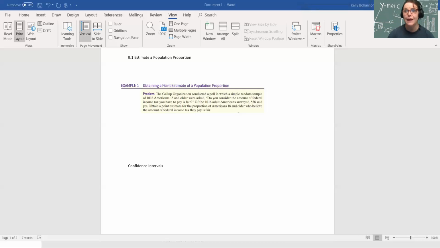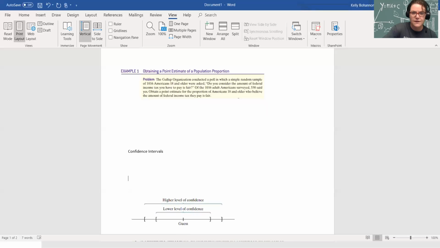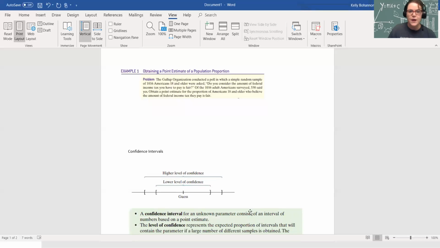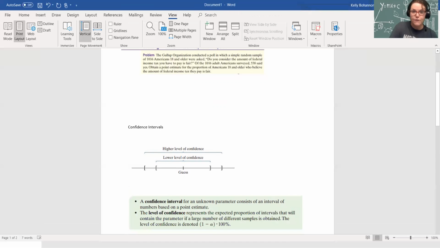I could say I'm 99.5% confident that if I were to take more samples, they are going to fall in that range, because I made my interval larger. There's a little graphic here that shows that. You have a higher level of confidence if your interval is larger.